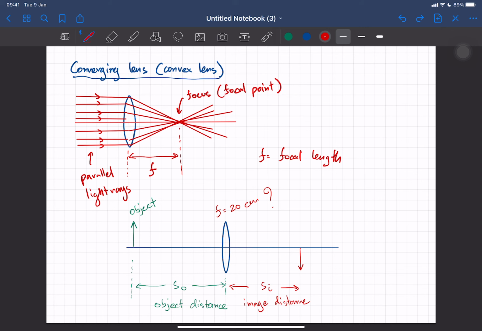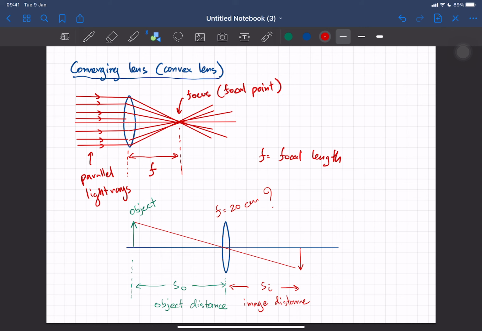So the light ray coming out of the top of the object, the tip of the object, we have many, many directions. There are only two directions that we need to think about. First, the one that goes through the center of the lens. That's going to be this one, going through the lens.